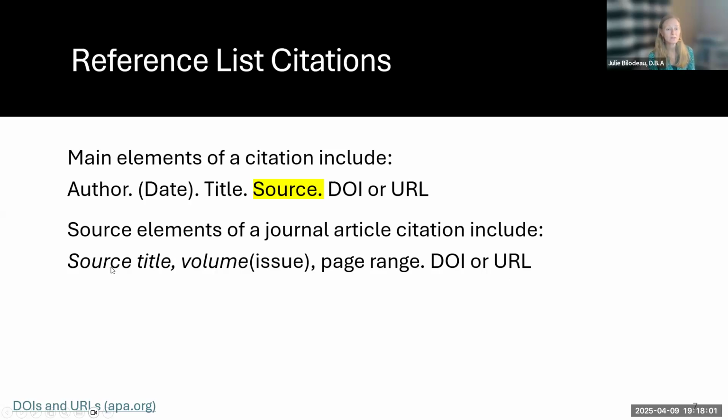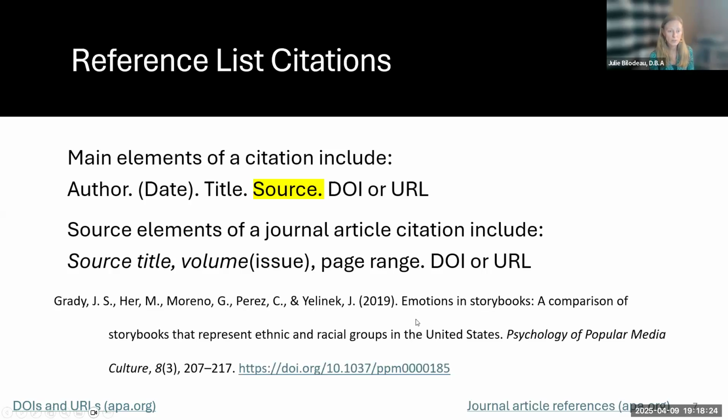So this is all for the source. The source title is different than the title. This is the work title. So now we went from 5 to 8 items. So it gets a little more complex, but we're breaking it down right now to try to make it a little bit more manageable in your brains.